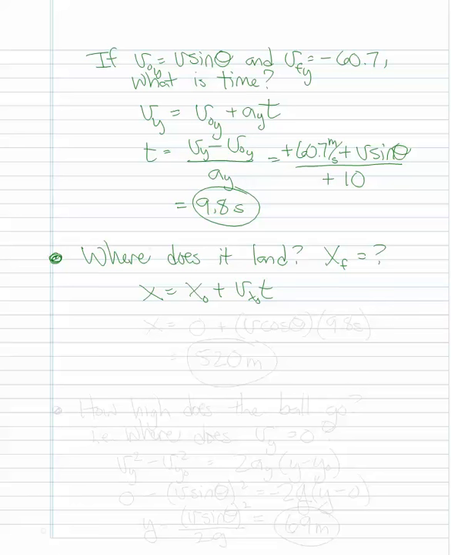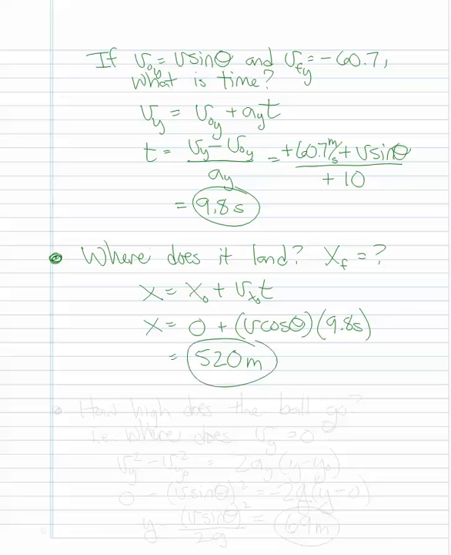So the final x is equal to the initial 0 plus, now my speed is v cosine theta, and I'm going to multiply times the time, 9.8 seconds. And when I do that, I get 520 meters. Wow, that's a long ways. Okay, that was pretty easy.